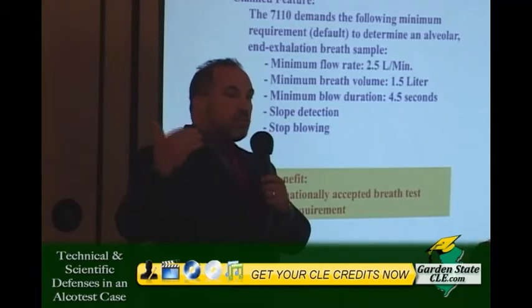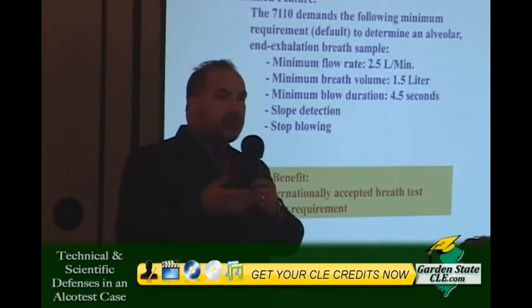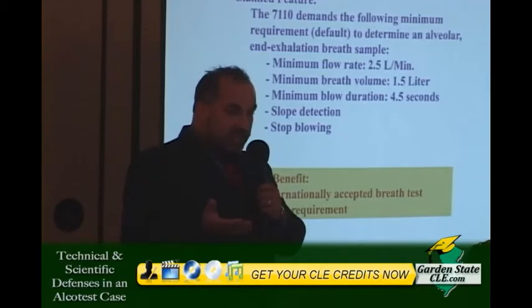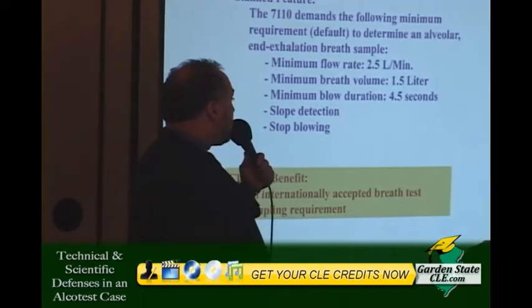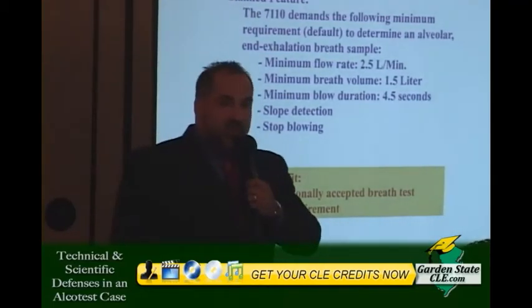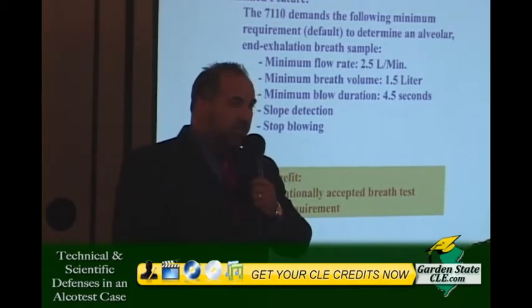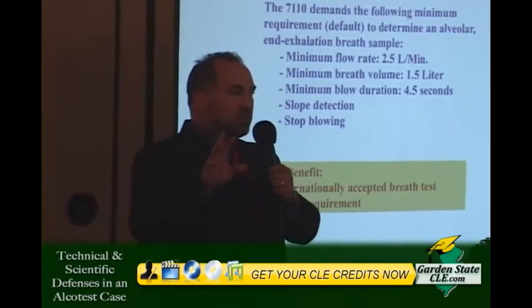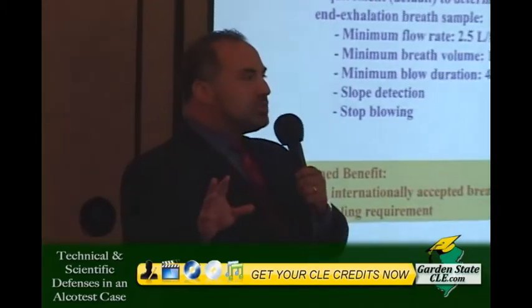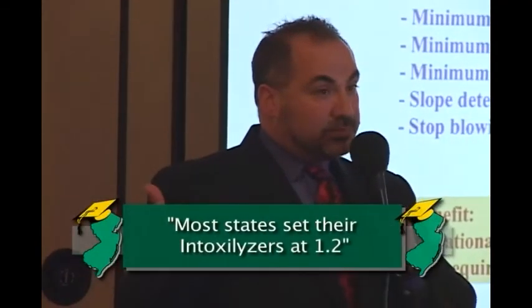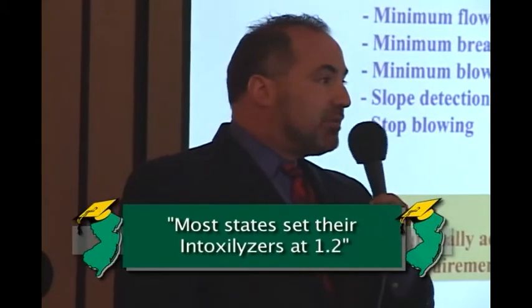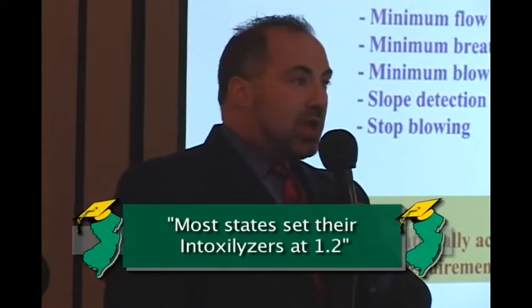Of course, the 1.2 liter volume is set now for women over 60, and the Intoxilyzer, CMI's machine, is pretty similar. Each machine and each state can set the specs for their machine, but most states do set their Intoxilyzers at 1.2. Some states set it at 1.1.